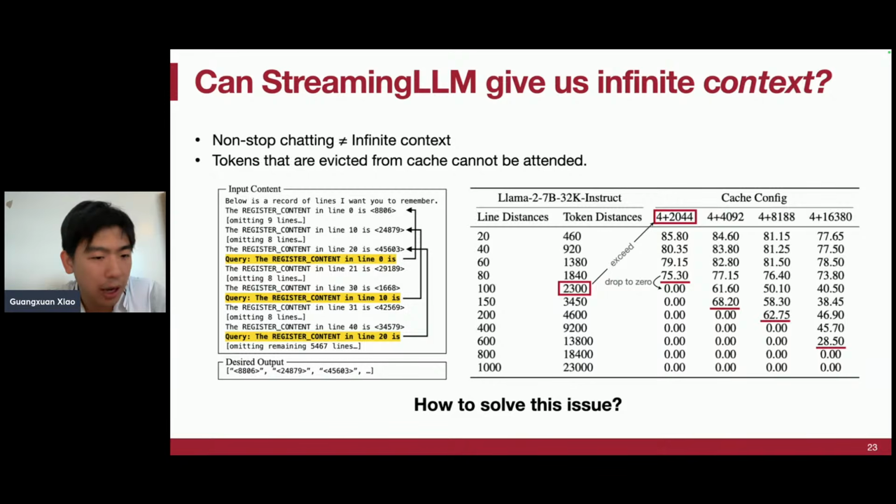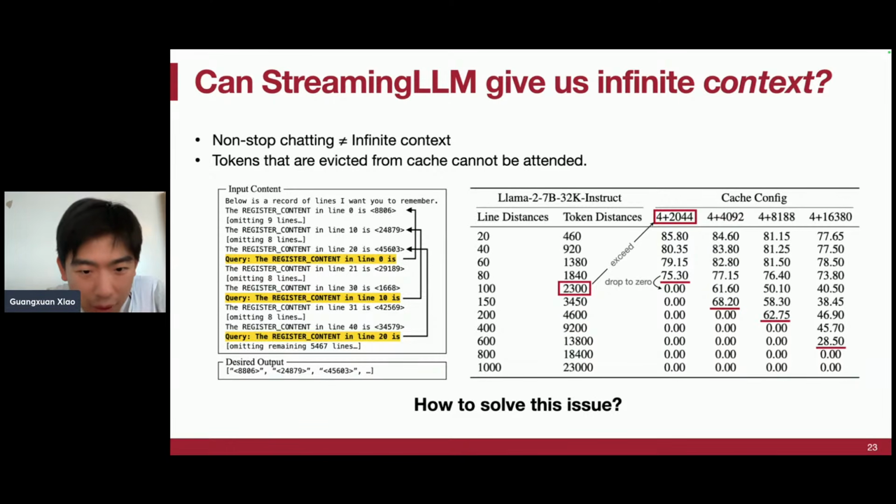After a few lines, we give the model a bunch of random numbers, and after a few lines, we ask the model what's the number several lines before. For example, at line 10, we ask the model what's the number in line 0, and at line 30, we ask what's the number in line 10. So here, the token distance is 20 lines.